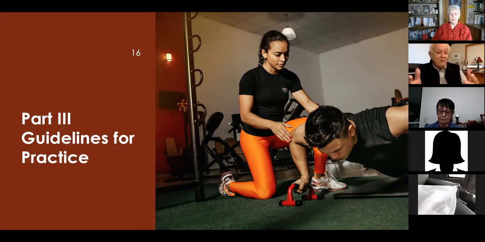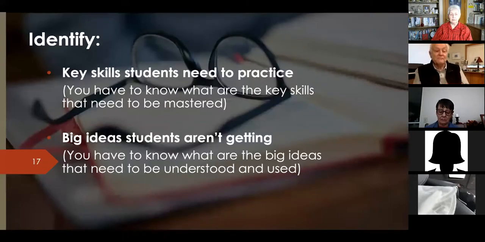They're much more difficult, which is why we need to do the observing, the conversations, and the evaluating so that we're understanding something that's really, really difficult. So we need to identify what are the key skills that students need to practice, what are the big ideas that students aren't getting, and therefore they need to practice those ideas.